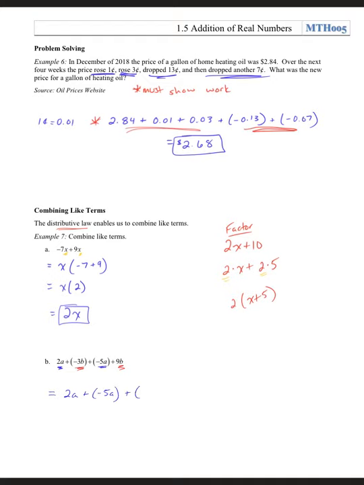And then I'm going to add the negative 3b plus the 9b. Now we want to combine the ones that have the same variable. 2 plus a negative 5, right? That's negative 3a. And then we're going to add it to a negative 3b plus 9b. So negative 3 plus 9 is going to be 6b. And that would be our final answer.